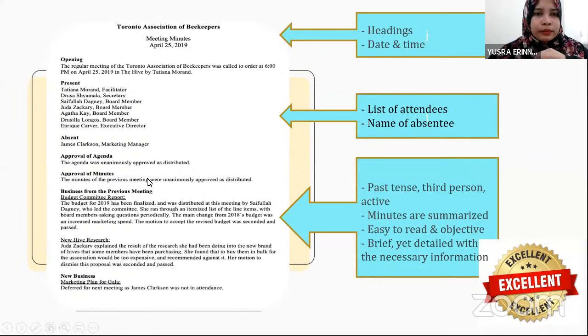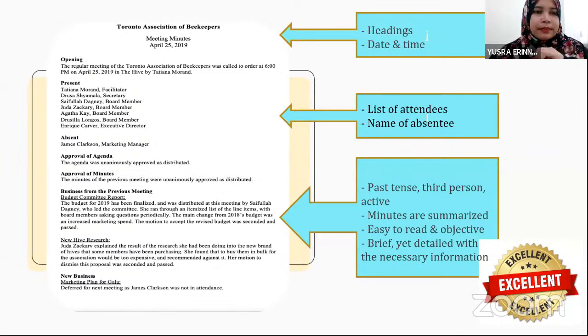For example, over here: The budget for 2019 has been finalized, past tense, and was distributed at this meeting by Saifullah Dani, who led the committee. She ran through an itemized list of the line items with board members asking questions periodically. So it should be easy to read, objective, brief, yet detailed.